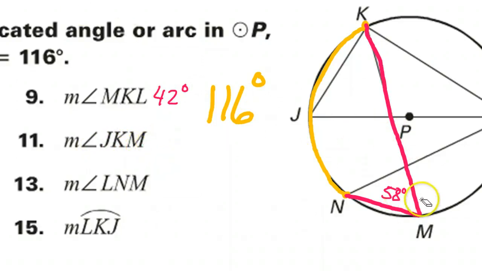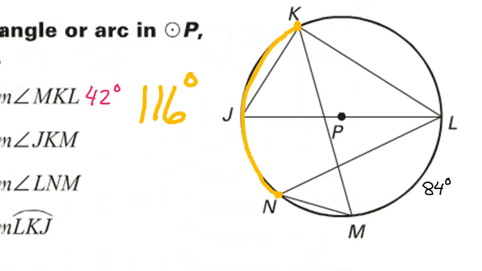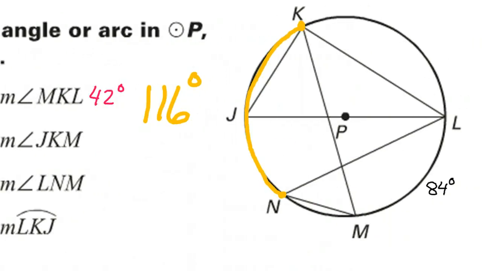Alright, so let me erase and start over. JKM. I'm going to have to think about this for a second. Alright, I got it. Your thought process should always be like this.